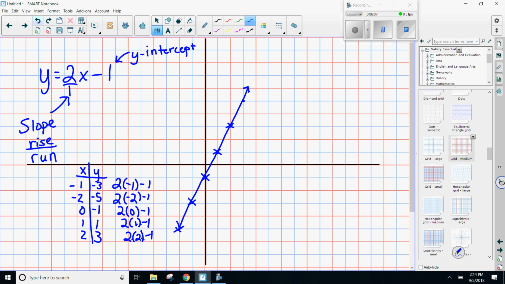Here's the thing though, we have to be able to look at an equation and notice that if it is a parabola, the highest exponent is going to be to the second power, it's going to be a quadratic. We got to be able to recognize whether it is going to open up or open down. You have to be able to recognize if it is a cubic equation, a third degree polynomial, where the highest power is to the third power, then your graph will have two turning points.